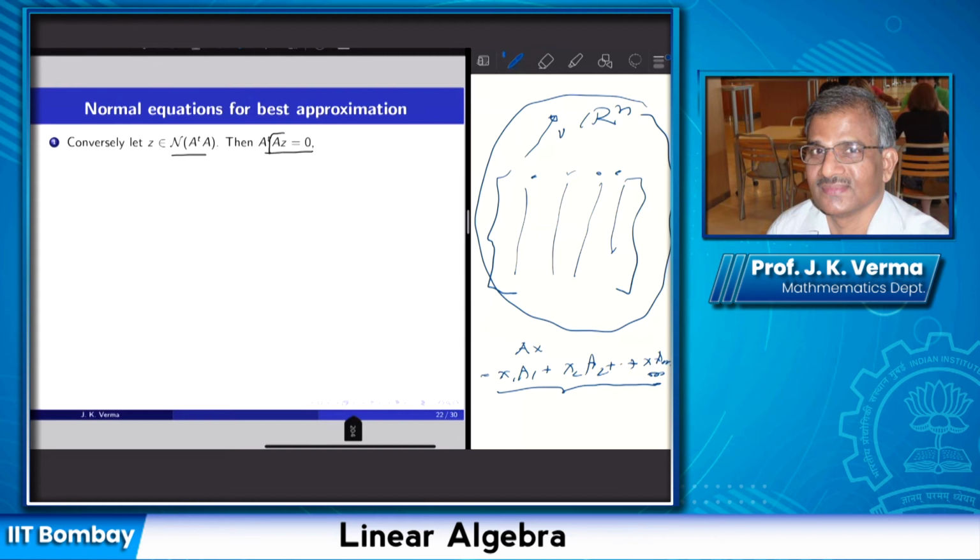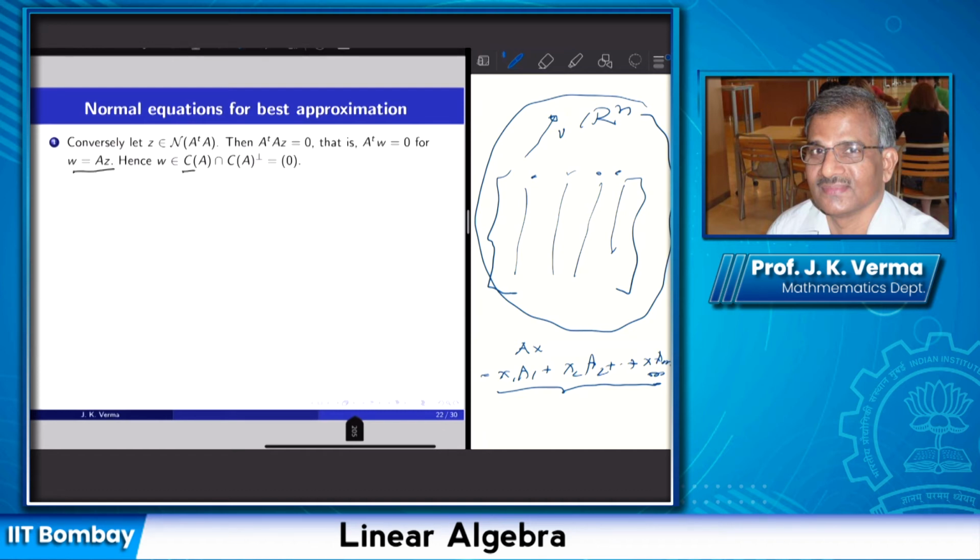AZ is in the column space of A, and A transpose AZ equal to 0 means AZ is perpendicular to every row vector of A transpose, but the row vectors of A transpose are the column vectors of A.